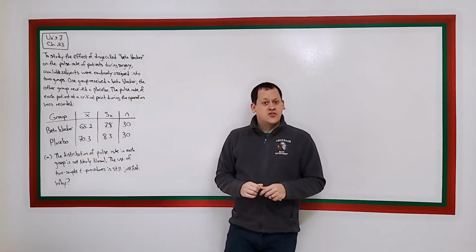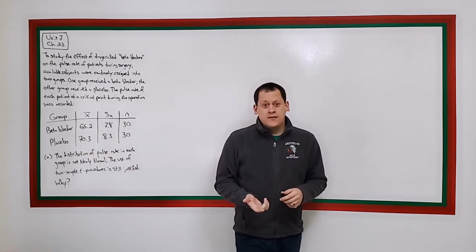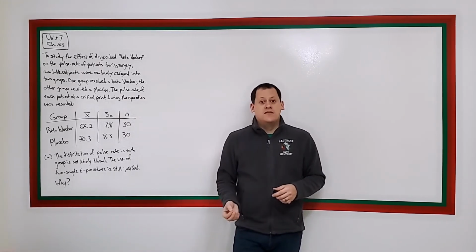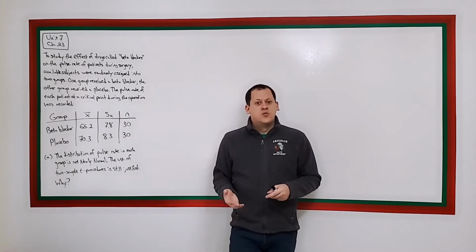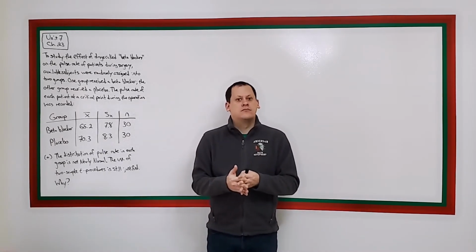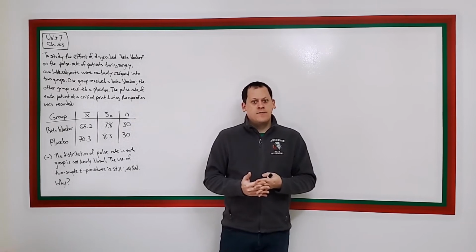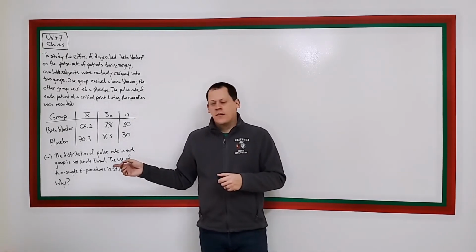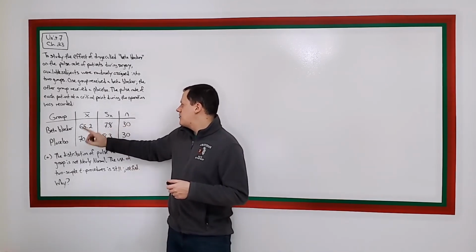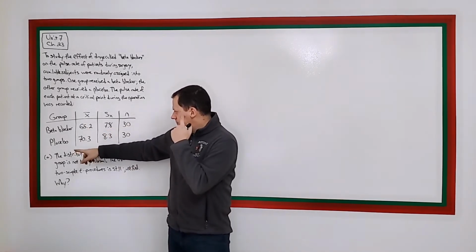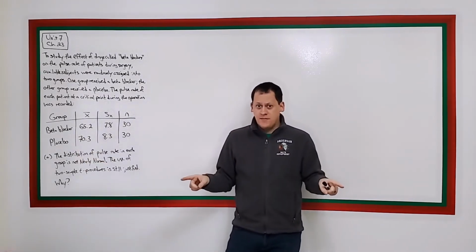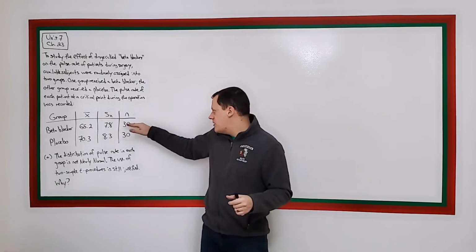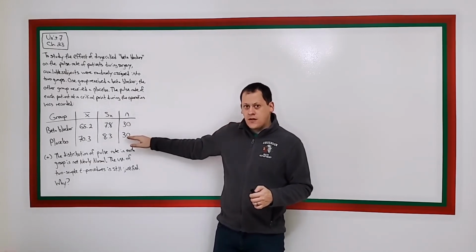Well, for matched pairs, if you recall, it either works on before and after, when your two groups are based on the same individuals, or if the individuals are somehow paired together, linked in some way. Is that the case for the patients in these two groups? Some are getting a beta blocker, some are getting a placebo. Those appear to be two separate treatments. And the individuals are not the same. This is 30 patients, this is 30 different patients.